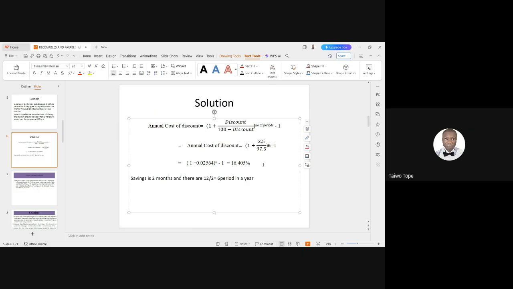So the decision is the loan rate. The loan rate is 18%.